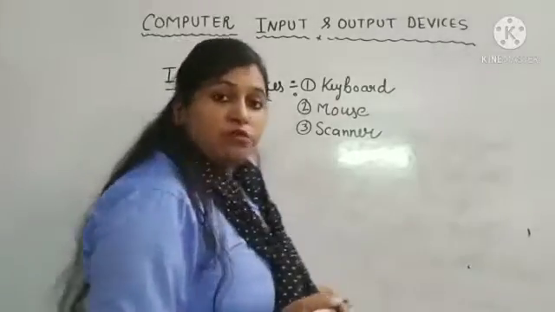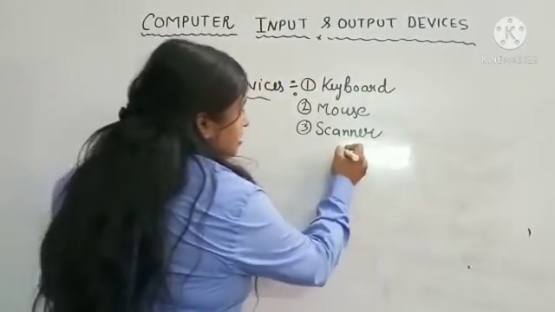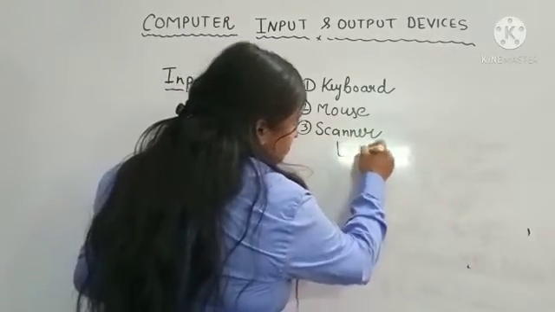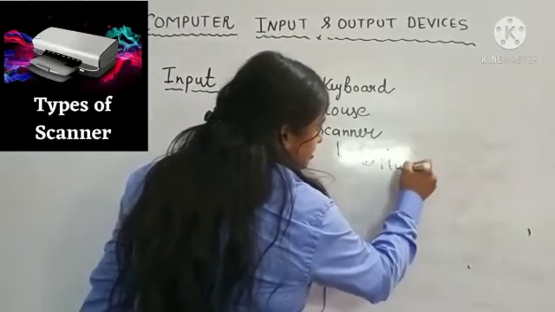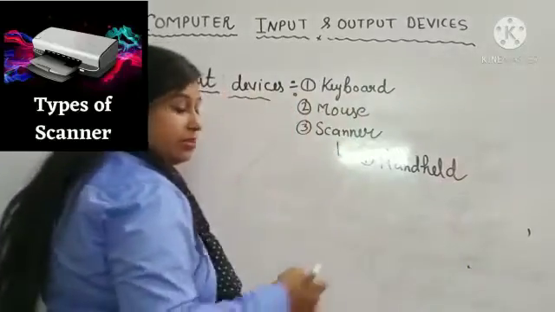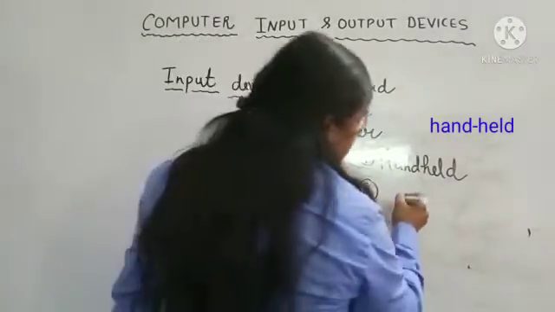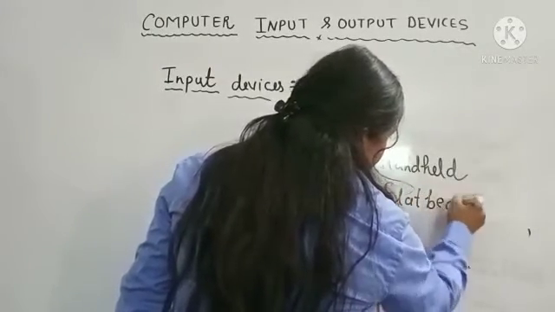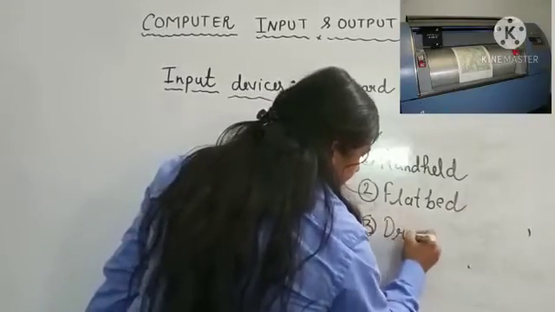If I am talking about the types of scanner, a scanner has 3 types. The first is handheld, I will define it. The second one is flatbed, and the third is the drum scanner.